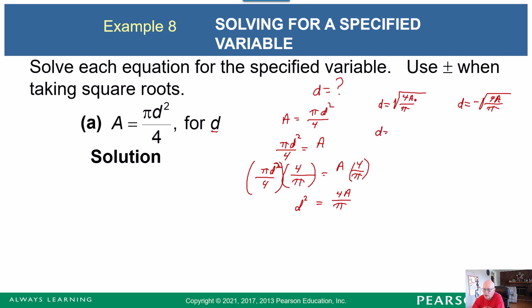Now we've got a 4 and an a. We can split them up. Square root of 4 because that comes out even, square root of a and square root of pi. So D equals 2 square root of a over square root of pi.